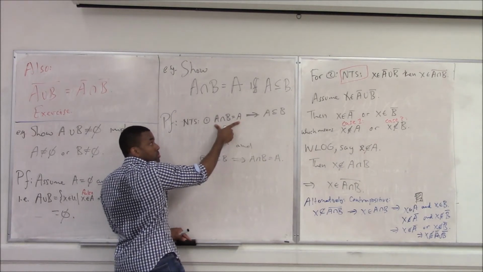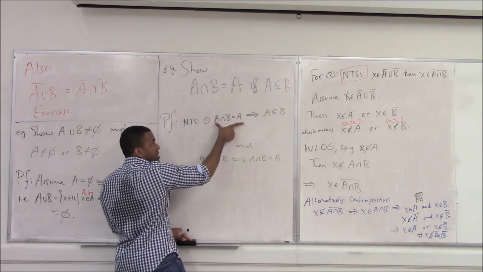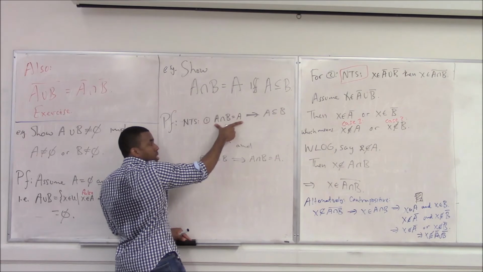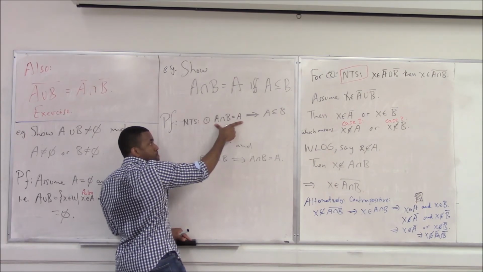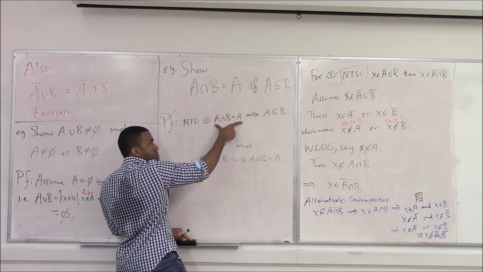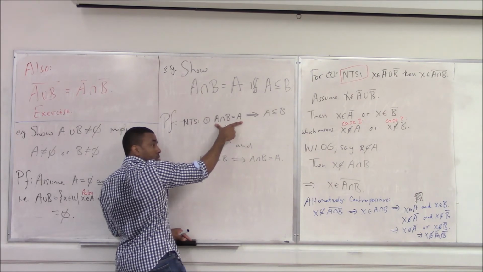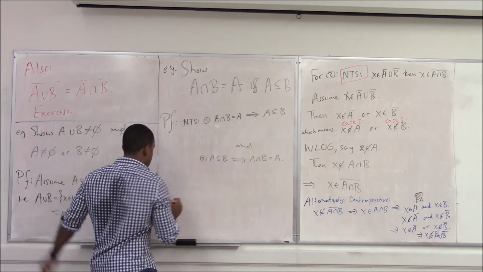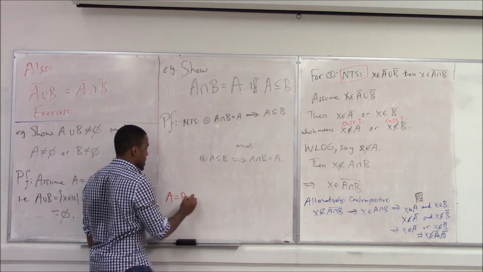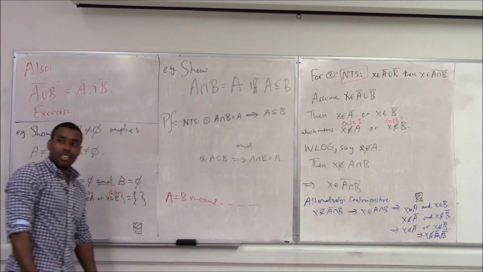Does it mean that some x is in A and B? Or do you mean the whole thing? No, to say that A intersect B equals A, what am I saying? So x is in A and x is in B, and x is in A, which is redundant, but all x's in A and B make up A. Just go by the definition. Earlier over here, I wrote that A equals B means all elements.